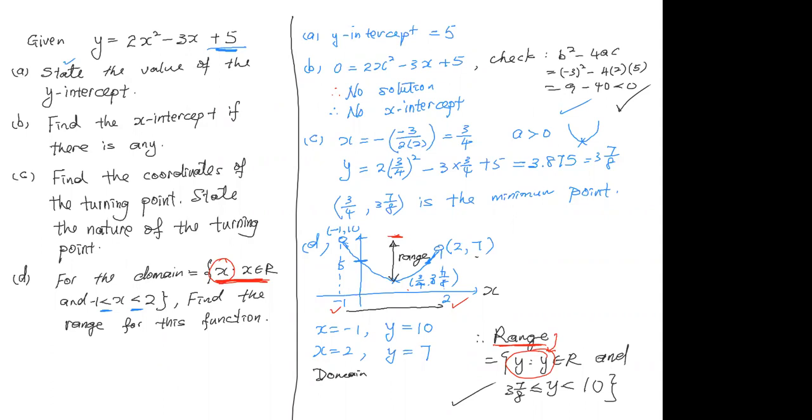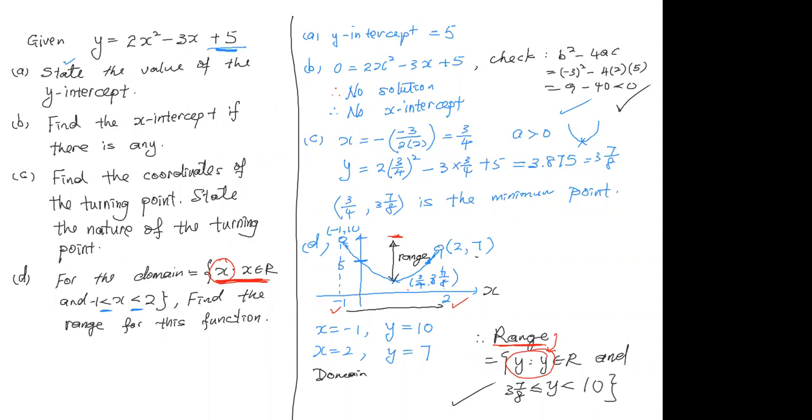Any more question? Miss, can you explain for the range why this symbol is different? What do you mean? I don't get you. The bigger than and lesser than. Okay, look. When x changes from -1 to 2, I want to find the range. That means I want to find all the possible values of y.